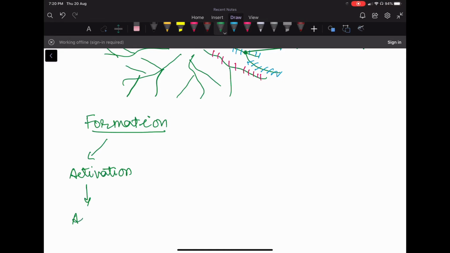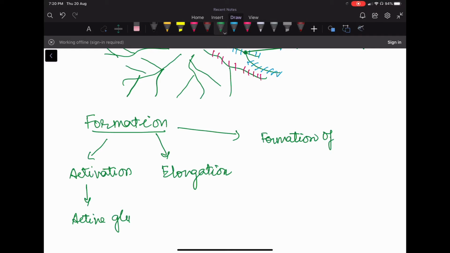The second is elongation, that means the chain elongates, and the last is termination or formation of the complex structure. So basically there are three steps, and we will discuss them one by one: activation, elongation, and formation of the complex.